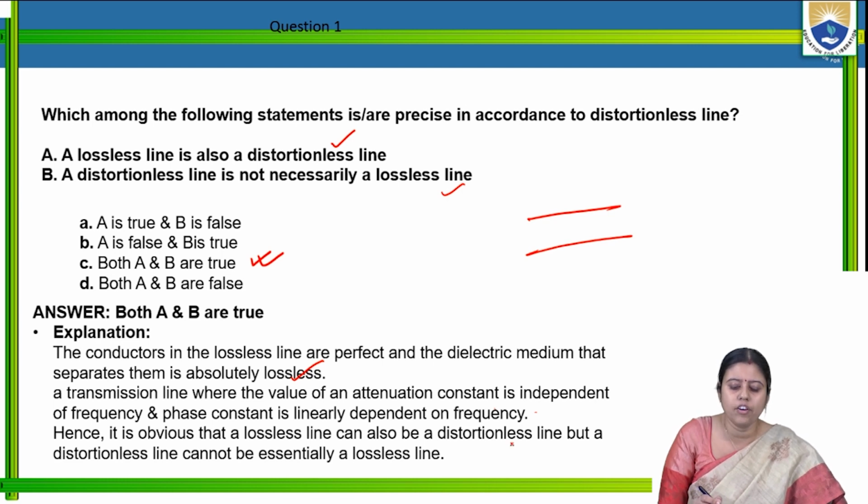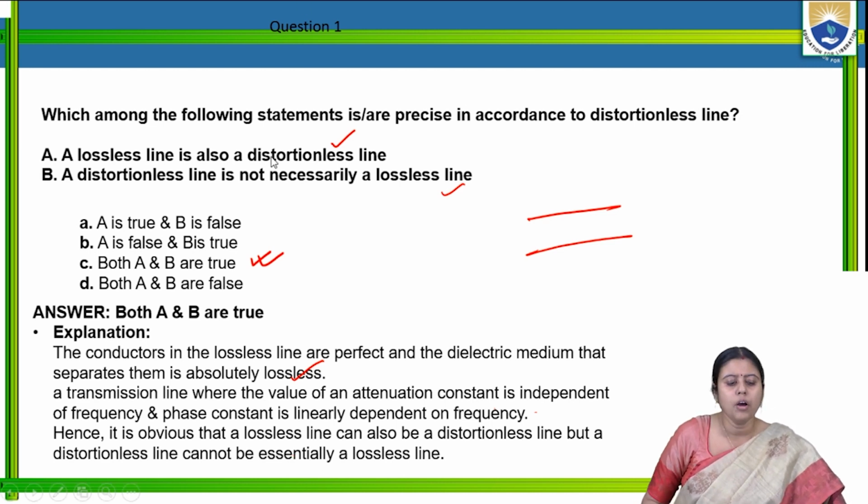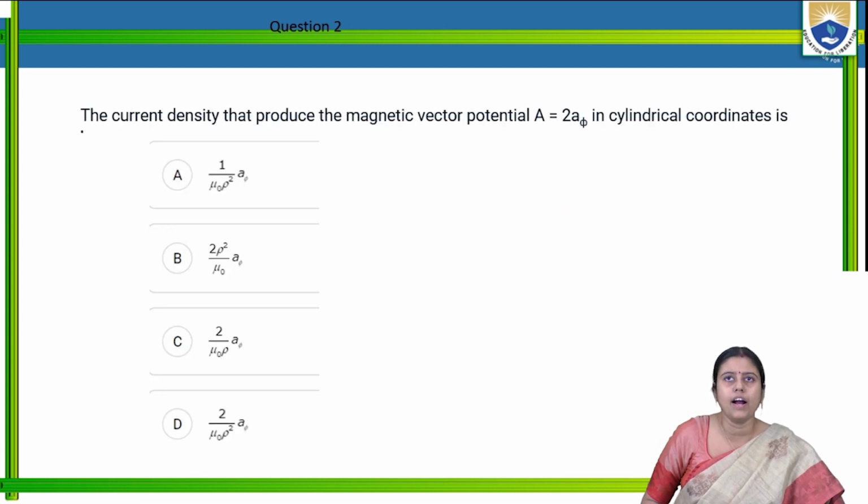So, it can be lossless, but a distortionless line cannot essentially be a lossless line.